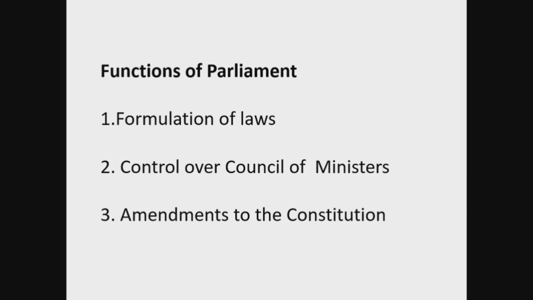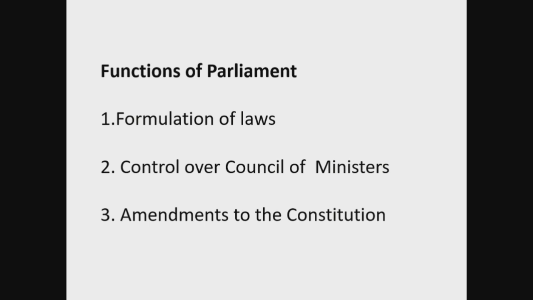Also, outdated laws are repealed. Necessary changes are also made in some laws. The process of the formulation of laws has been described in the Constitution, and in accordance with the procedures, the Parliament fulfills this primary and important responsibility of formulating laws.